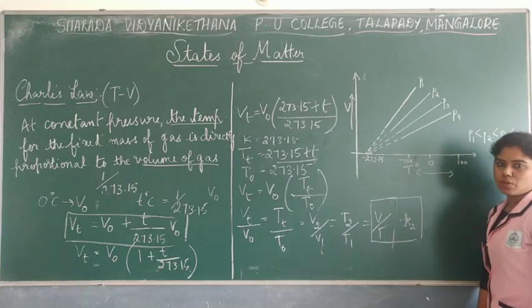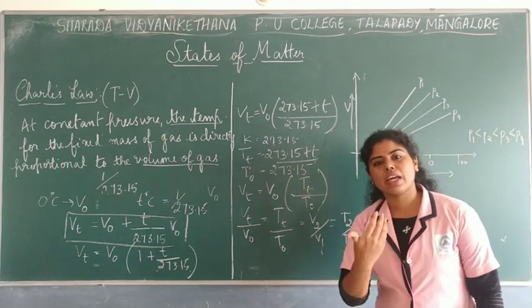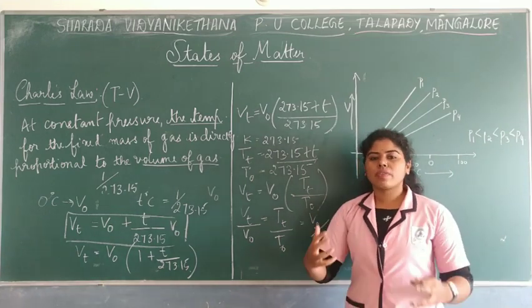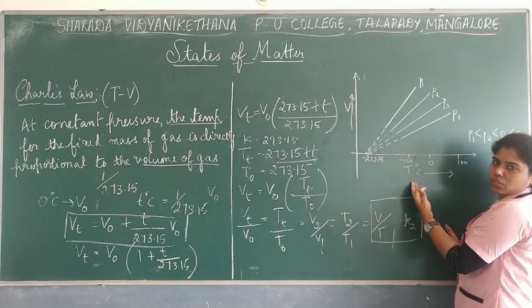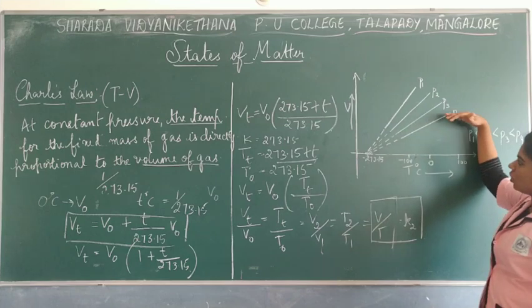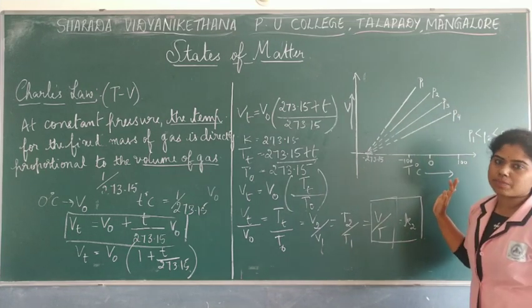Now after deducing this, obviously there has to be a graphical representation, right? There has to be a proof for it. So when they tried plotting a graph, that is volume versus temperature, they found that as you keep on increasing the volume, the temperature also keeps on increasing.